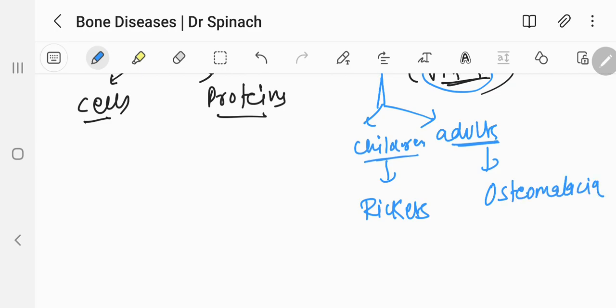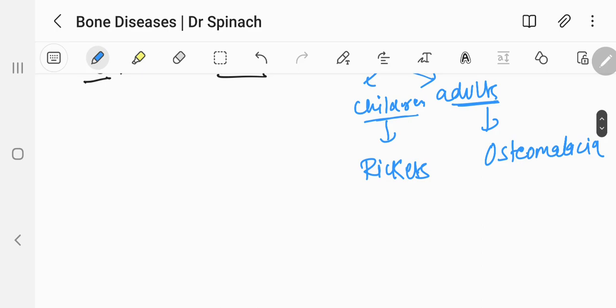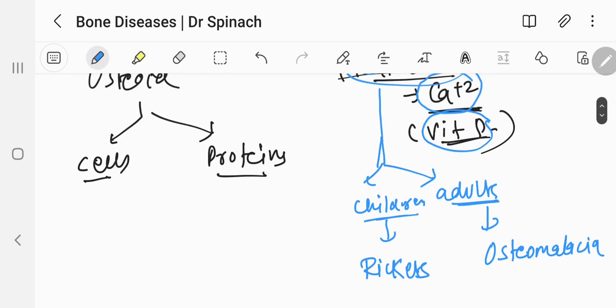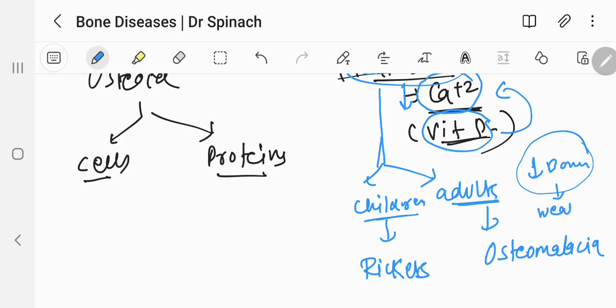Okay, so again, what is happening here? Well, basically we have a deficiency of vitamin D. This decrease in vitamin D is leading to a decrease in calcium in the blood. Decrease in calcium in the blood means what? Decrease in calcium in the bones, right? So bones will become, of course, weak, right?